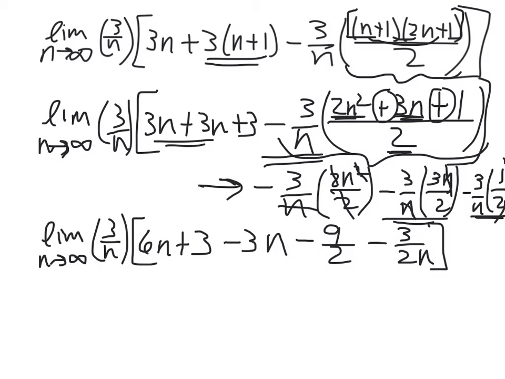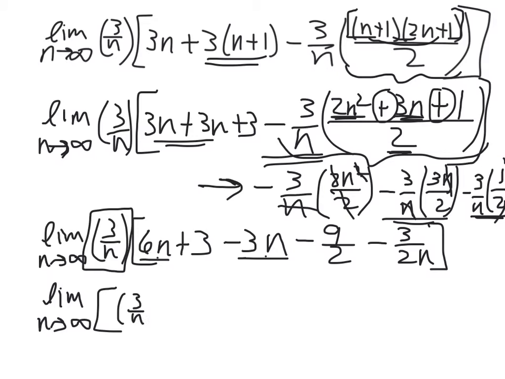And now a couple other things we could do, but one main last thing that we need to look at, multiply that 3 over n through the parentheses, through the brackets. We could also combine, we'll go ahead and combine those two. So 6n minus 3n times the 3 over n.